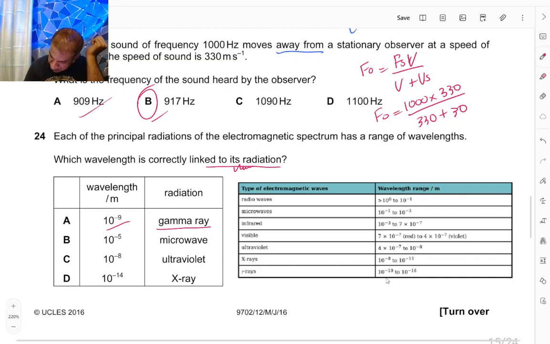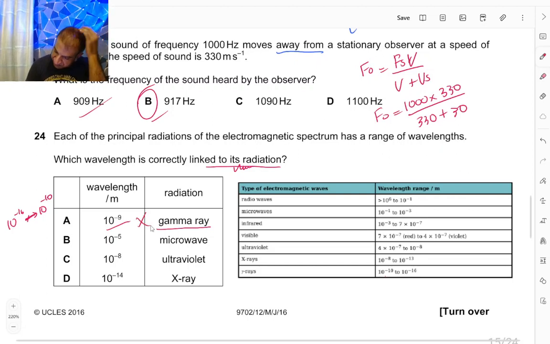For gamma, it actually ranges from 10 raised to power minus 16 up to 10 raised to power minus 10. So that means 10 raised to power minus 9 is actually larger than this range. So obviously this cannot be true.